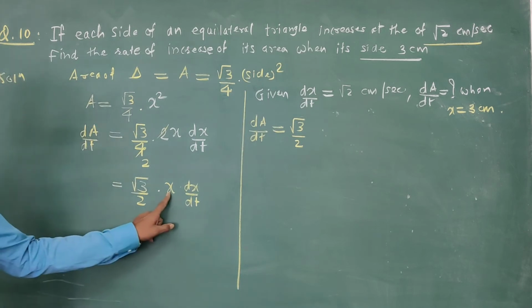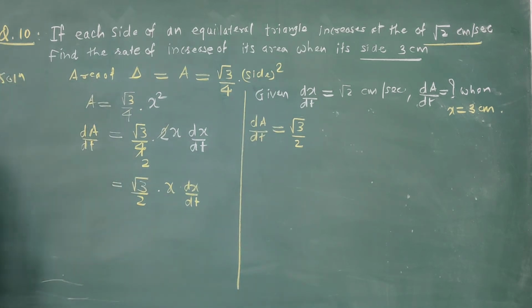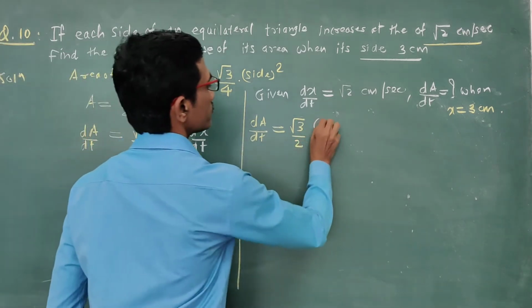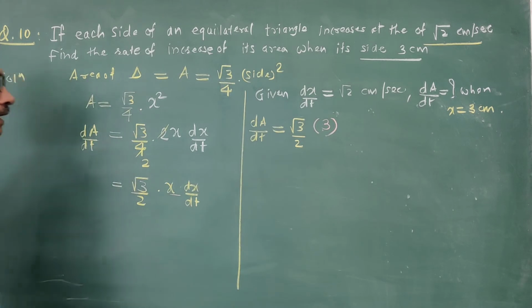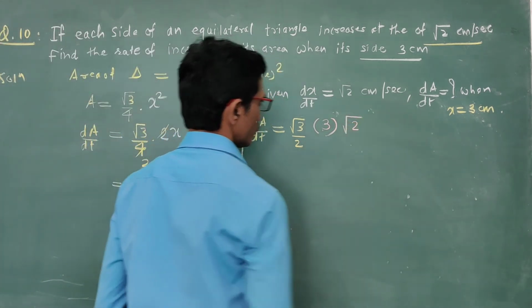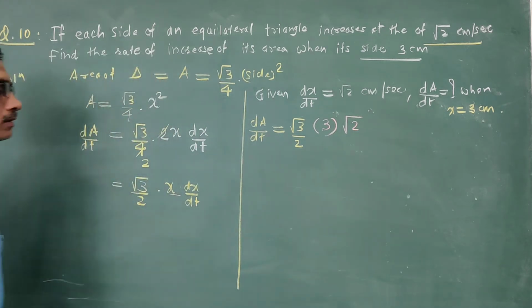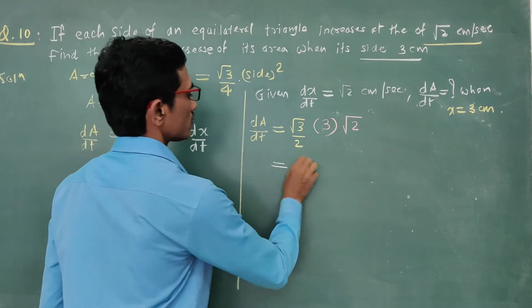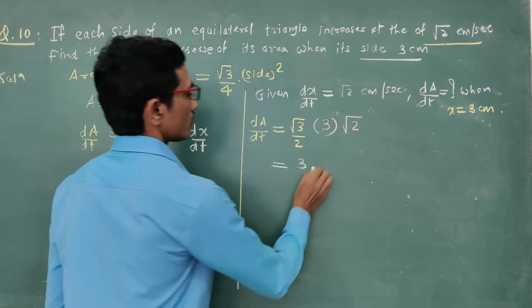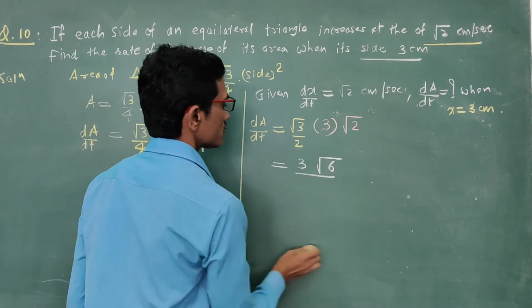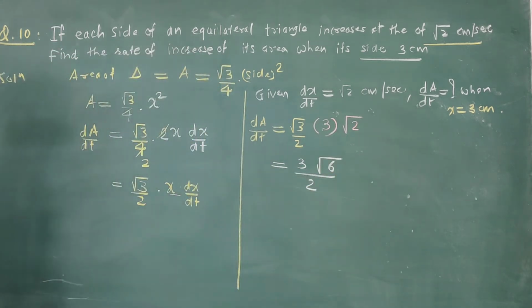Here x is equal to 3, and dx by dt is √2. Therefore it is 3√6 upon 2.